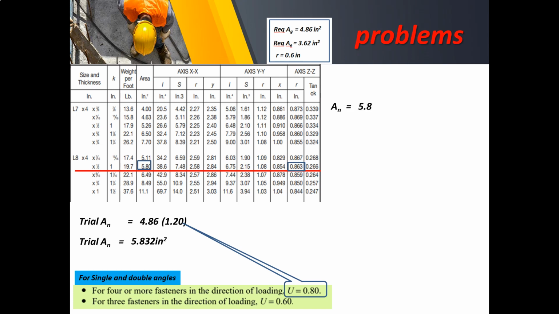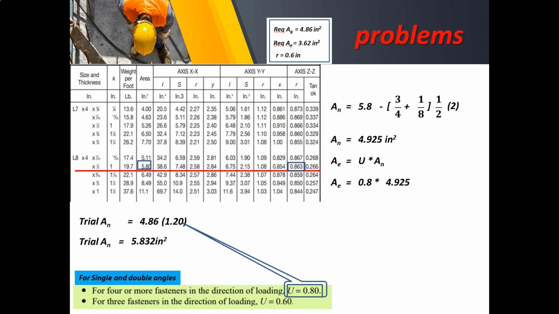So just the same, we compute for the net area, 5.8 less the holes. Of course, 1/8 is always added here. The thickness here is 1/2 and there are 2 rows of connection. So we'll arrive at the net area 4.925 square inches. So from here, we can compute for the effective area by multiplying again the reduction factor to that net area, and the reduction factor is 0.8.